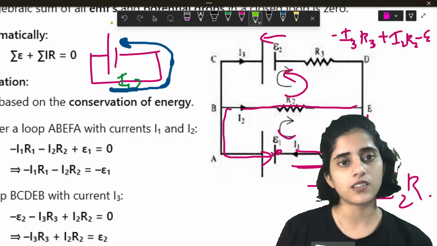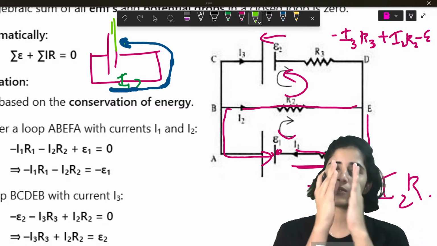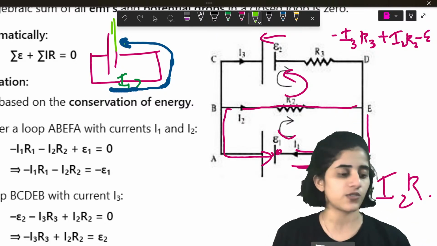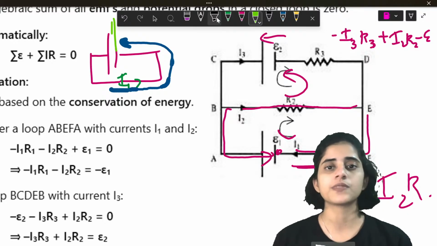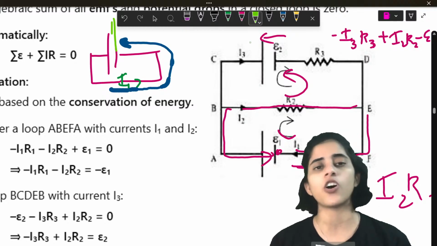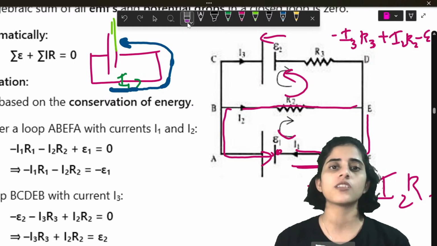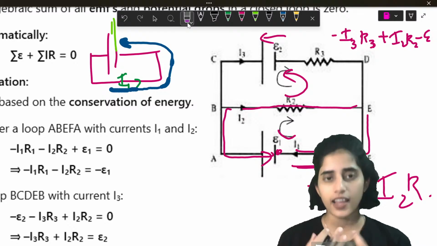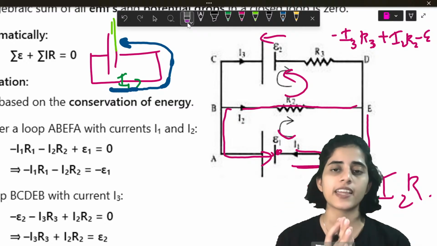Now, if the battery was the other way round, like this, then it would have been positive because you are moving from the positive terminal of the battery to the negative. Alright? That's Kirchhoff's laws. Whenever you go in the direction of the current in a resistor, you take it as positive, otherwise negative.